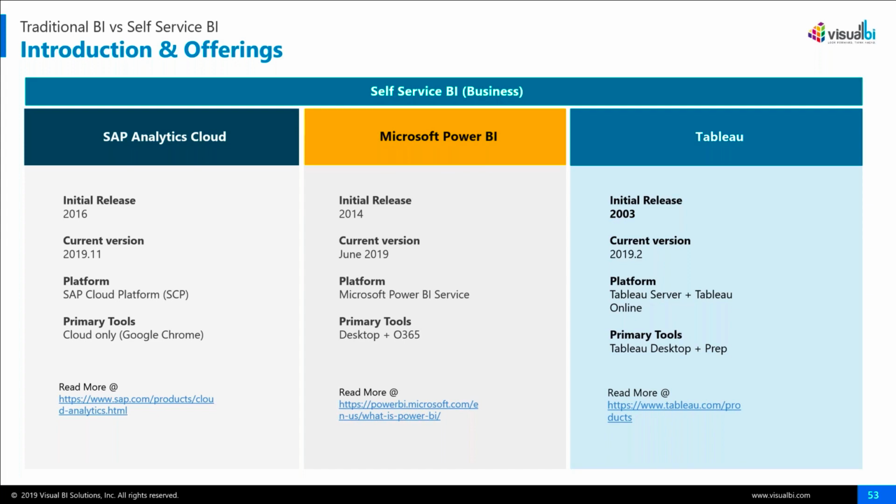Even though it's less than 5 years old, they have been a Gartner leader for the last 3 years, which is remarkable. 3 years into the market, they moved to the leadership position. And Analytics Cloud came only in 2016, but it is rapidly growing, and we are going to see in the assessment where they stand. Analytics Cloud is a cloud-only solution. There is no real desktop companion, unlike Tableau Desktop or Power BI Desktop.